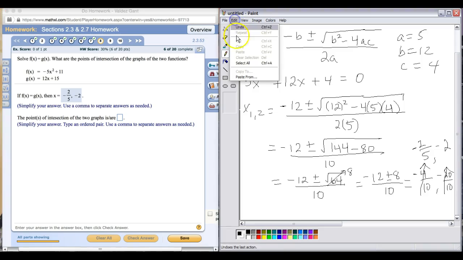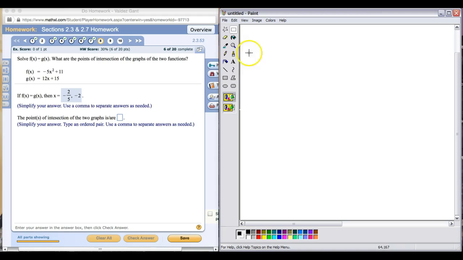So I'm going to make a little room here. Since they both share the same point, we'll take the easier function, which is g of x. So we'll say g of negative 2/5 and see what that is.